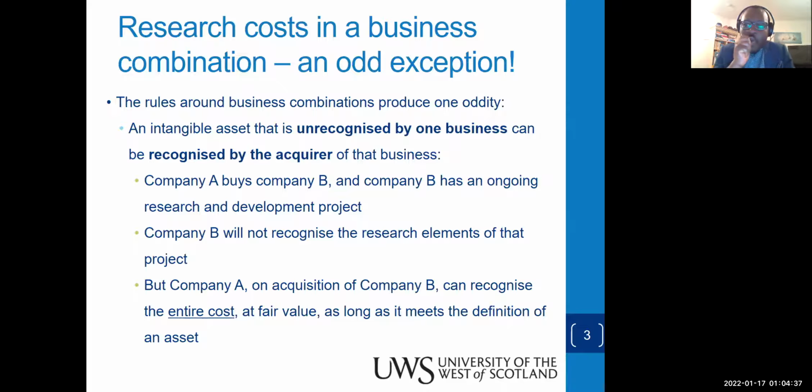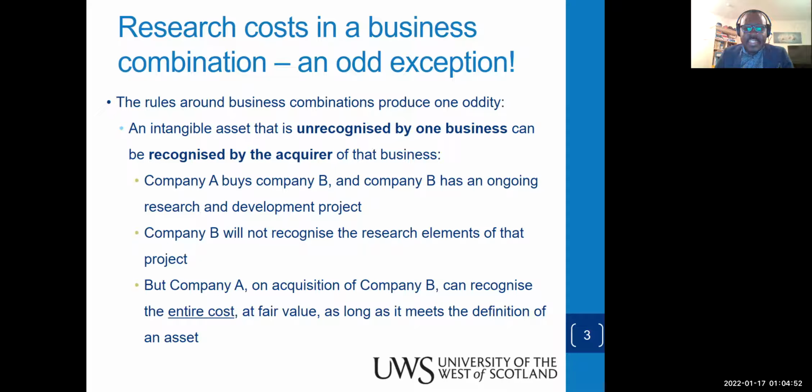Now, there is one odd element with the research cost. Remember, we don't recognize it. So the rules about business combination produce this particular odd element.